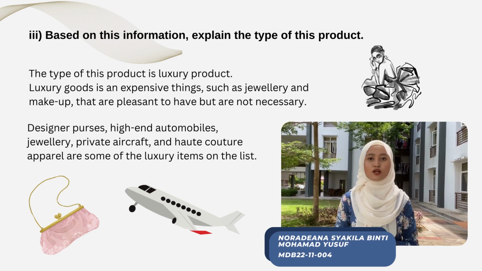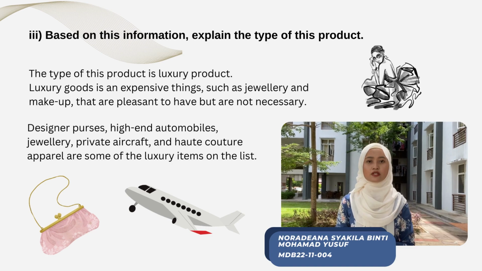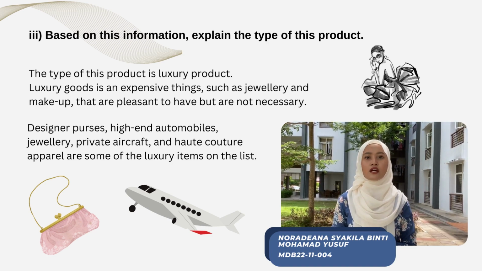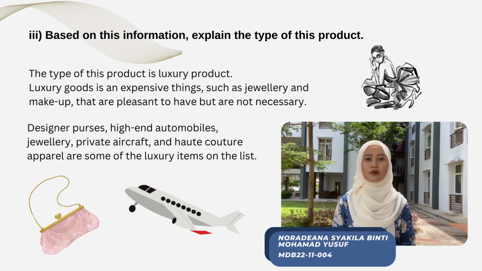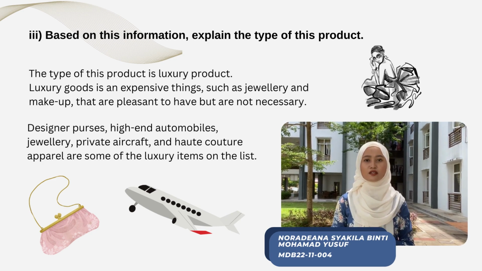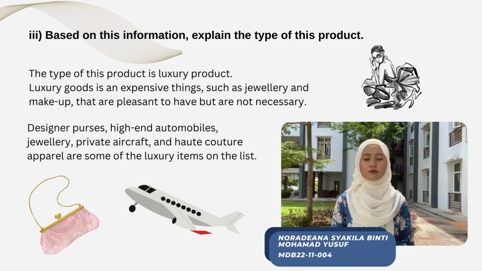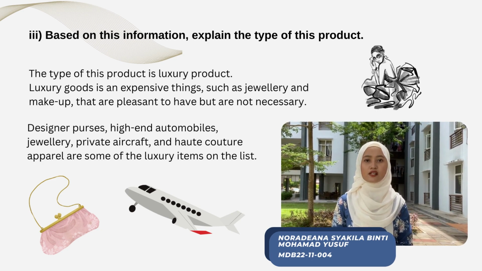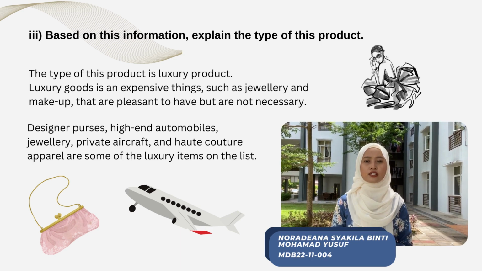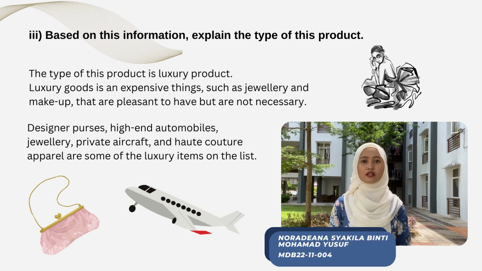In other words, consumers will purchase more and more of the luxury commodity as their income increases. Designer high-end automobiles, jewelry, private aircraft and haute couture apparel are some of the luxury items on the list. Being conscious that one's income correlates precisely with their investment in luxury goods, the desire for luxury products automatically increases as income significantly increases.